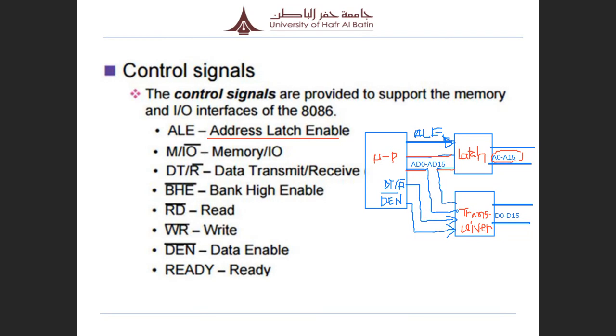So the microprocessor puts the address information on these same 16 pins, and at the same time the ALE signal is sent by the microprocessor to activate the latches. Once the latches are active, all the address information on these 16 lines is passed to the output of the latches.